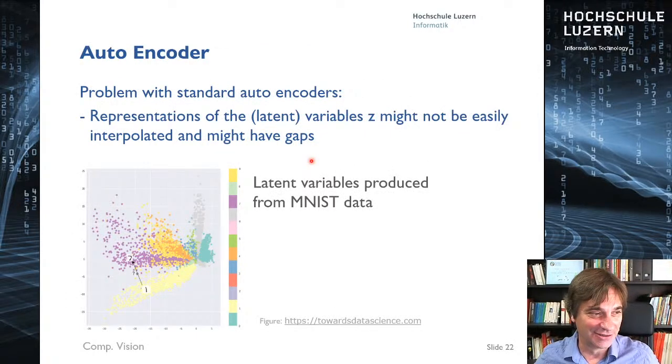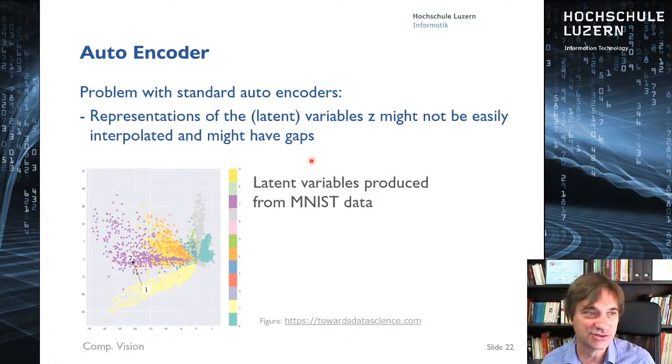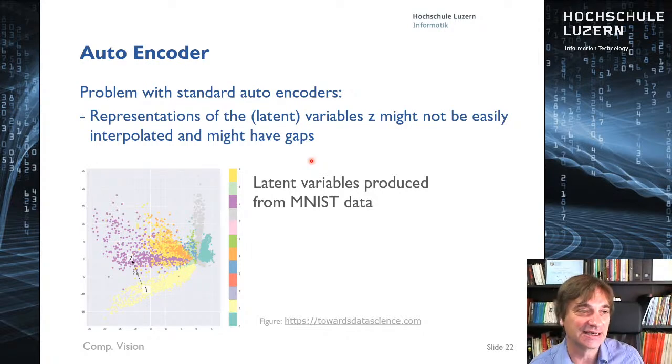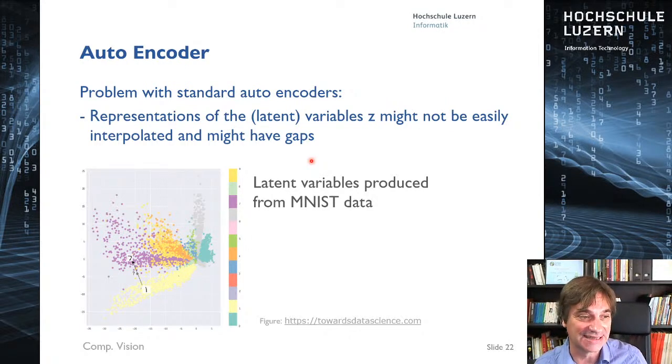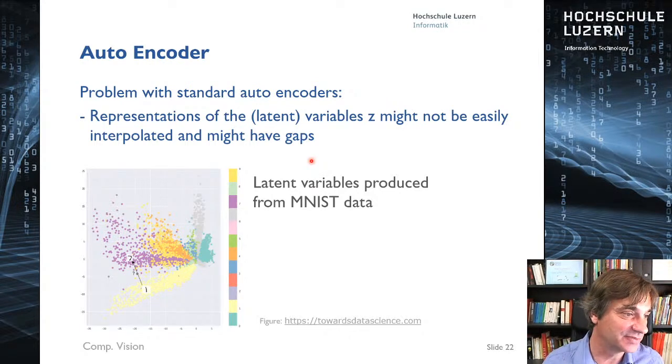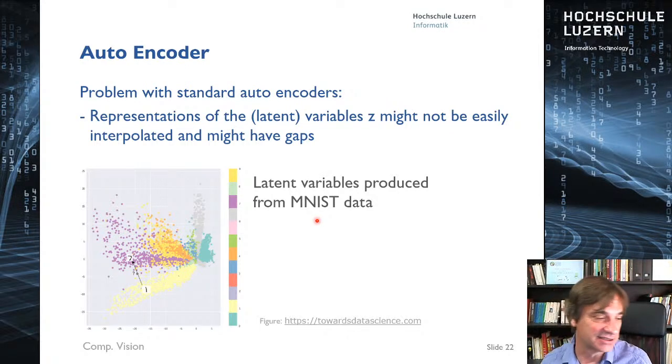Okay, now there is a little bit of a problem with that, and that is how the latent space actually looks in general. If you just use a standard autoencoder, then the representation of the latent variables might not be easily interpolated, and it might not make sense in all parts of this latent space. Here, for example, is an autoencoder on the MNIST data, where the encoding is two-dimensional, so that's quite small.